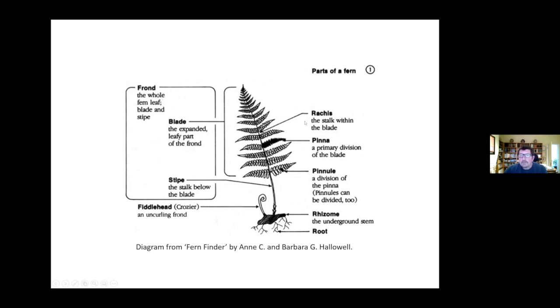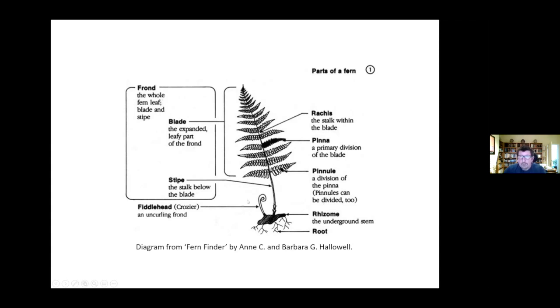The centre of the lamina, the blade, is called a rachis. And these leaves here are called pinnae, which is the primary division, and they can also be subdivided into other little leaflets, which are called pinnules.